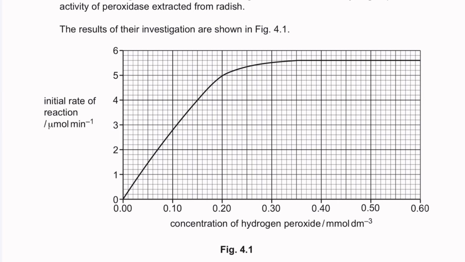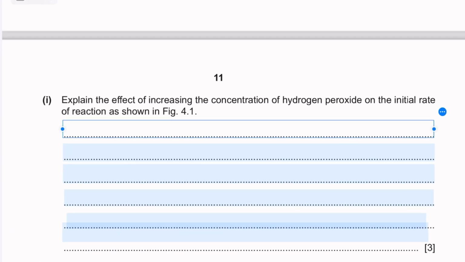You explain this by saying that the substrate is no longer a limiting factor for the rate of reaction. In the beginning, when the substrate concentration was increasing, there were more collisions, and more successful collisions, between the enzyme active site and the substrate binding site, and therefore the rate of reaction increased.